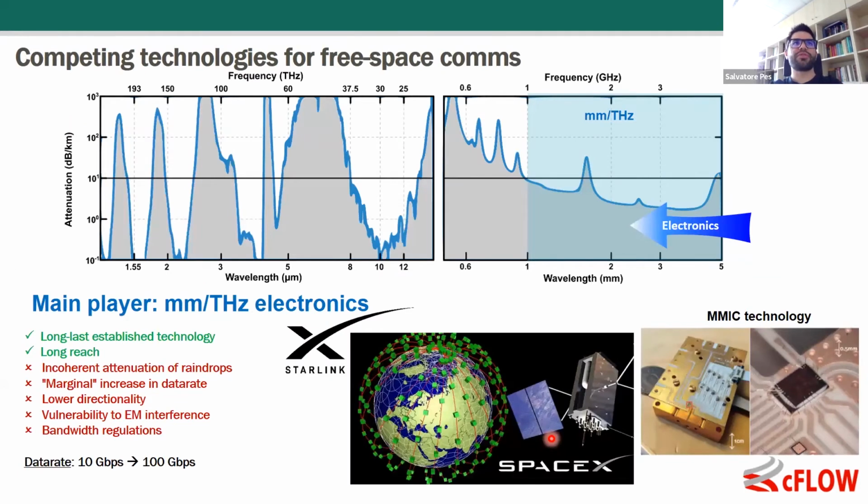In this framework, we have different competing technologies. If we have a look at the transmission of the atmosphere spectra, on the right side we have the millimeter wave and terahertz technology, which is the main player nowadays.